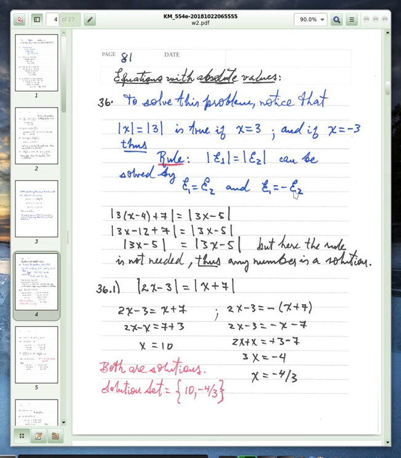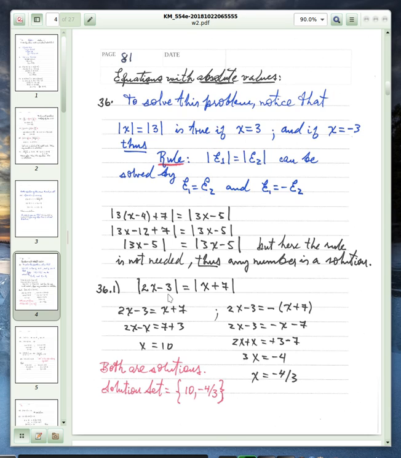So if we try to solve this problem 36.1, which is problem 36 that I just changed because it's easier to see the intention of the rule, we have absolute value of 2x minus 3 equals absolute value of x plus 7.